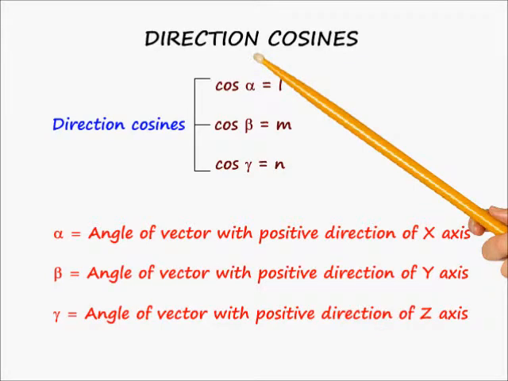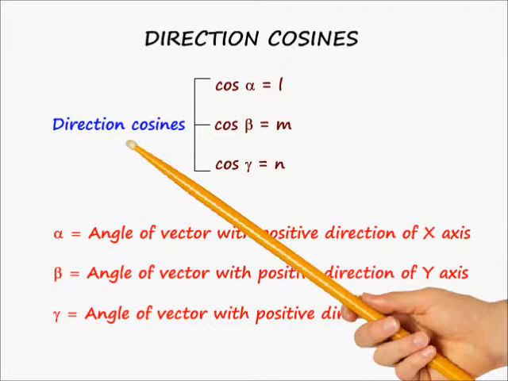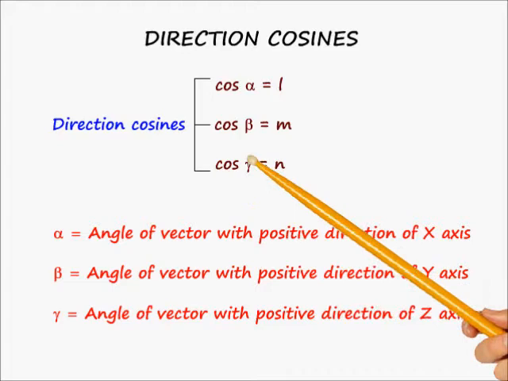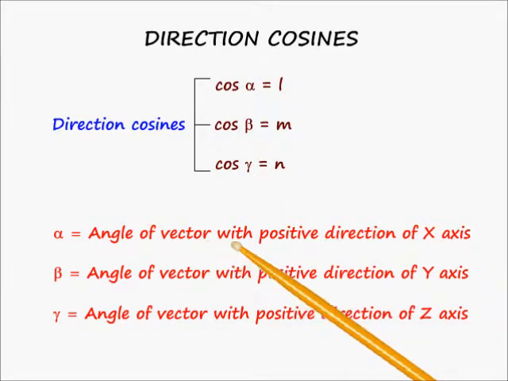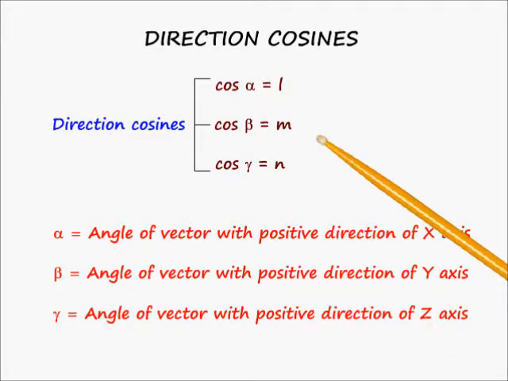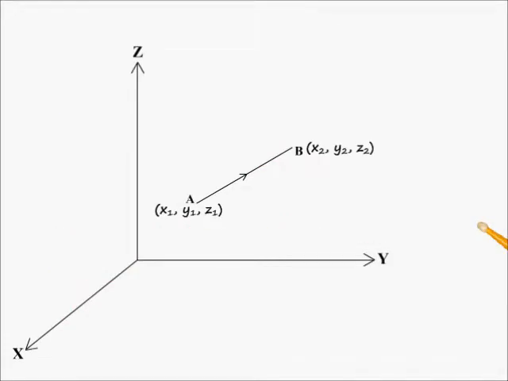Direction cosines. Direction cosines of a vector are the cosines of the angles that the vector makes with the positive direction of x-axis, y-axis and z-axis and are normally represented as L, M, N. Let there be a vector AB in three-dimensional space where the coordinates of A and B are like this.